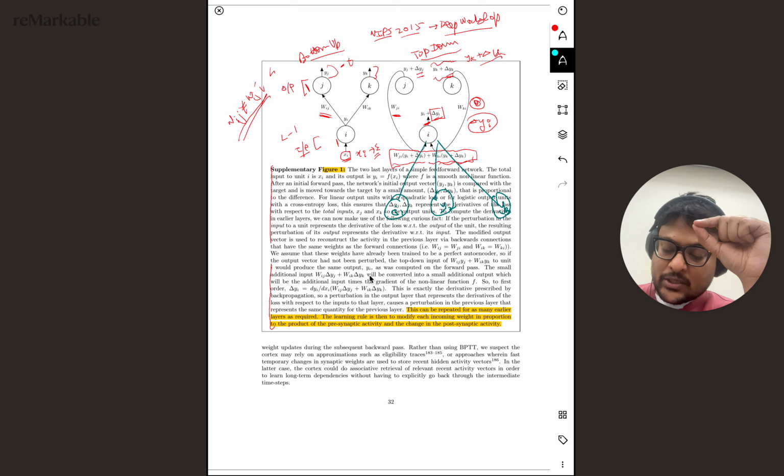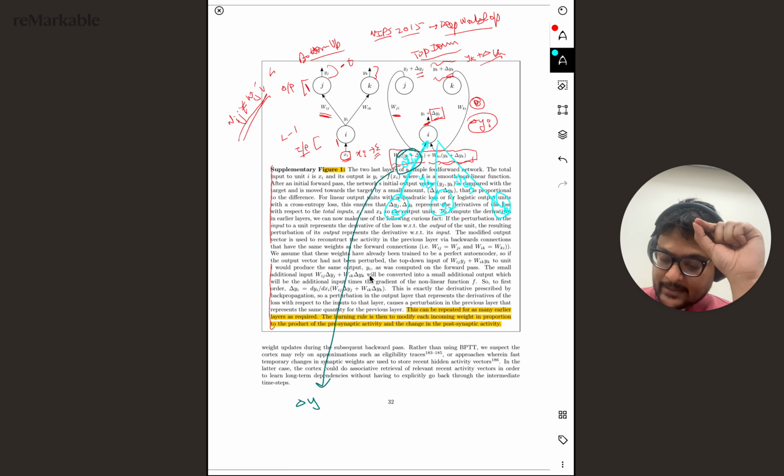Let's say the outputs of these neurons are yj1, yj2, yj3, and you can compute the weight change which has to be made on this connection by just multiplying the output delta yi by yji. And this is essentially the change in the weight you need to make. And that's what this is saying, that this can be repeated for as many earlier layers.